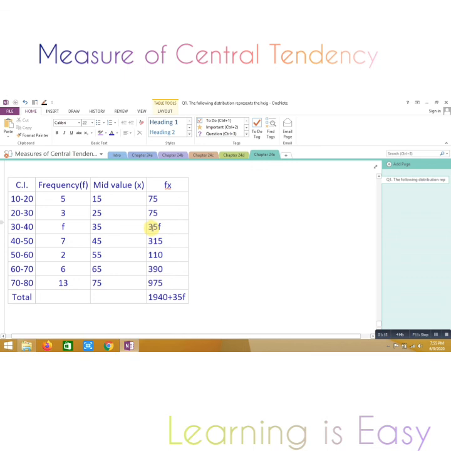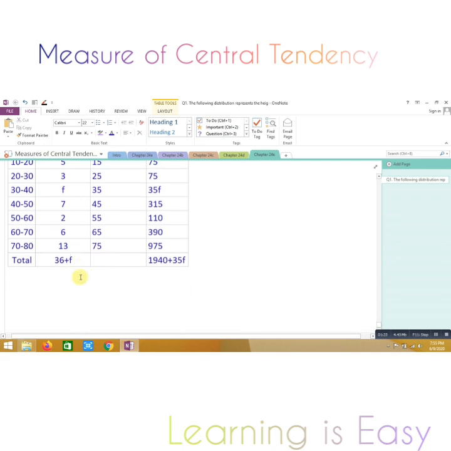We need to sum up the frequency column also. So that's 36 plus f. The mean is already given, so we need to calculate the value of f. Mean is 52. It's already been mentioned, so 52 equals 1940 plus 35f divided by 36 plus f.